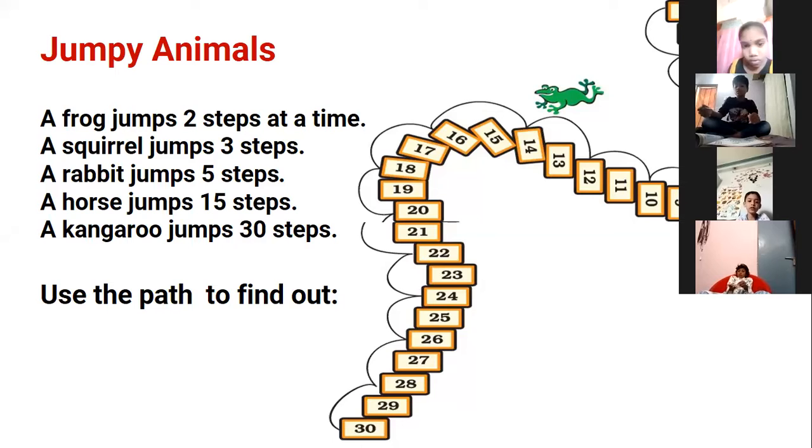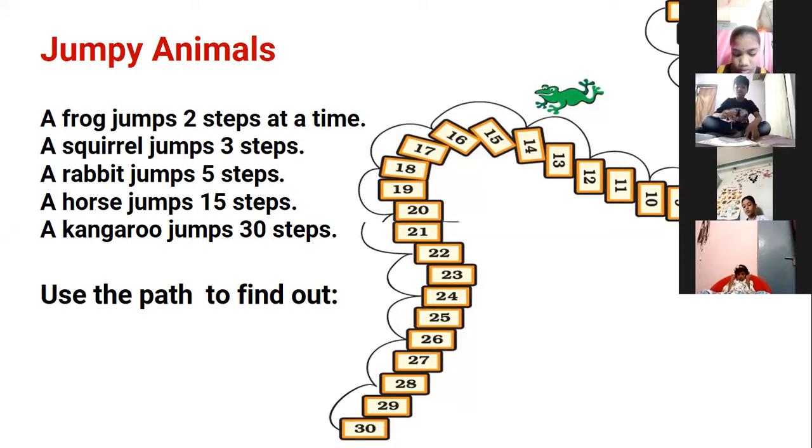Here, a frog jumps 2 steps at a time. A squirrel jumps 3 steps at a time. A rabbit jumps 5 steps. A horse jumps 15 steps. And a kangaroo jumps 30 steps.